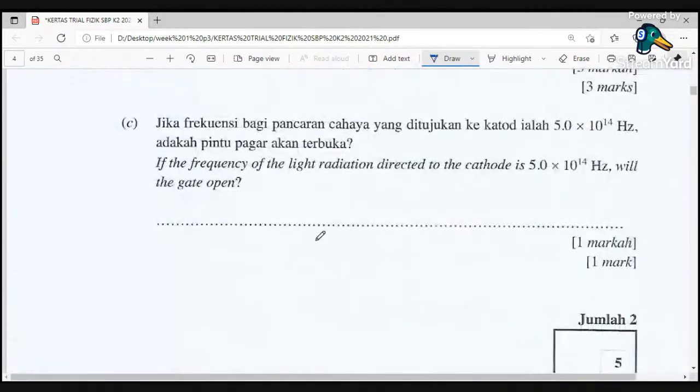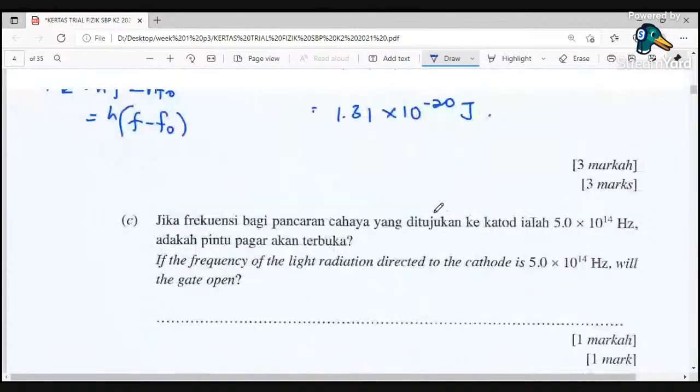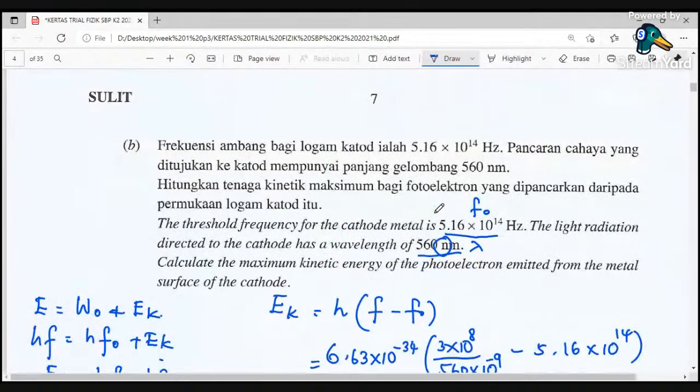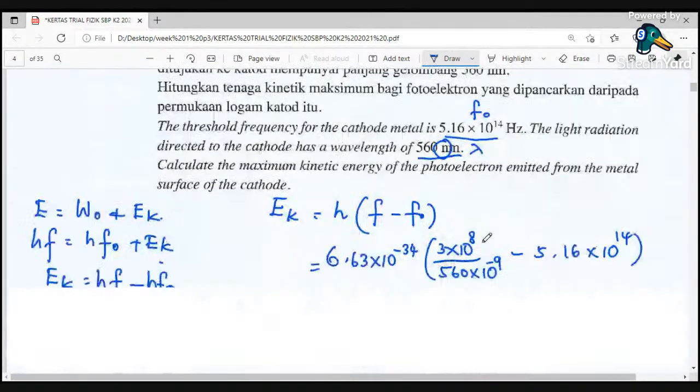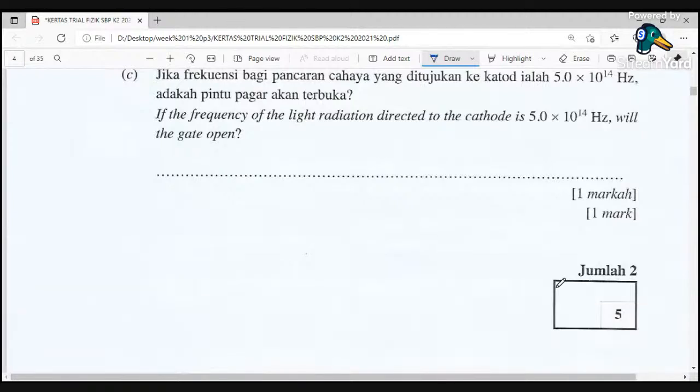But see, the frequency of light radiation directed to the cathode is given, will the gate open? You look at the threshold frequency, 5.16 times 10 to the power 14. This is the threshold frequency.